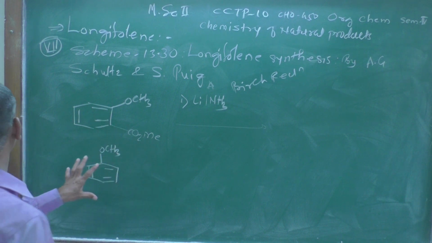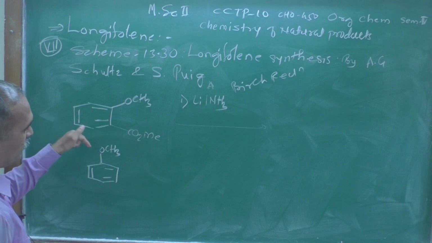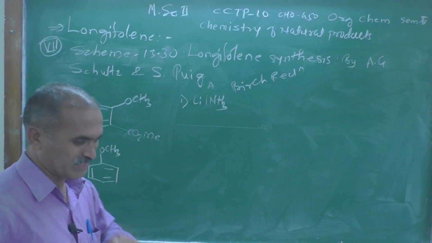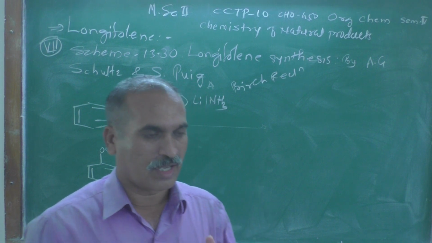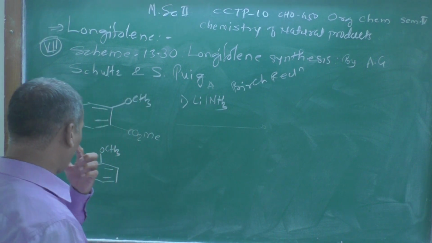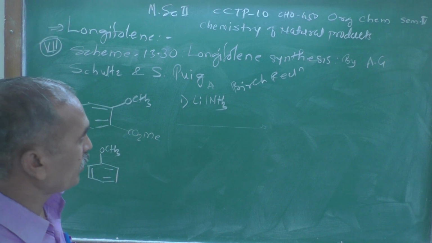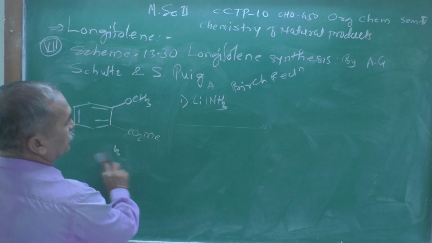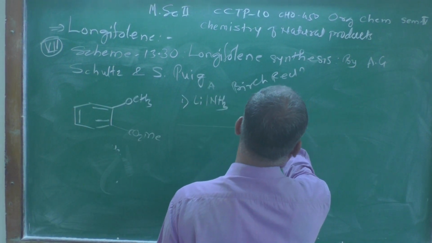But as far as this organic compound with OCH3 is concerned, what type of group is present on that aromatic ring? Is it electron donating or electron withdrawing? That we will see over here. So let me draw it properly so that you can understand the Birch reduction.